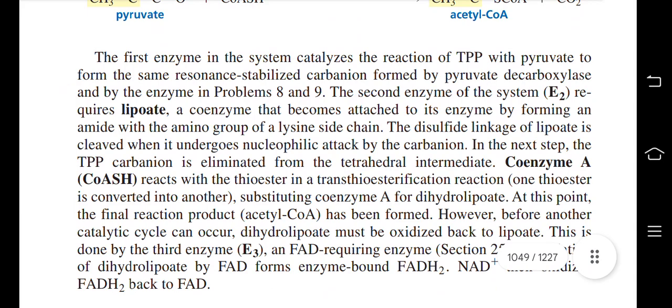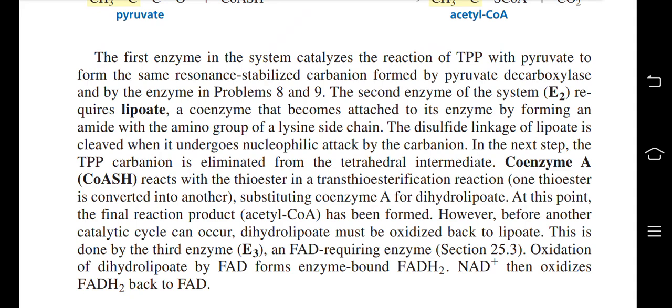The first enzyme in the system catalyzes the reaction of TPP with pyruvate to form the same resonance stabilized carbanion formed by pyruvate decarboxylase. The second enzyme of the system requires lipoate, a coenzyme that becomes attached to its enzyme by forming an amide with the amino group of a lysine side chain.